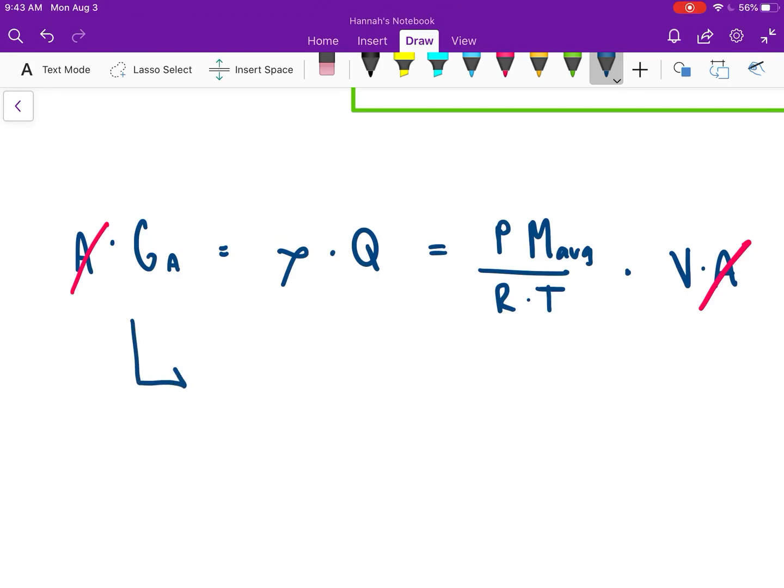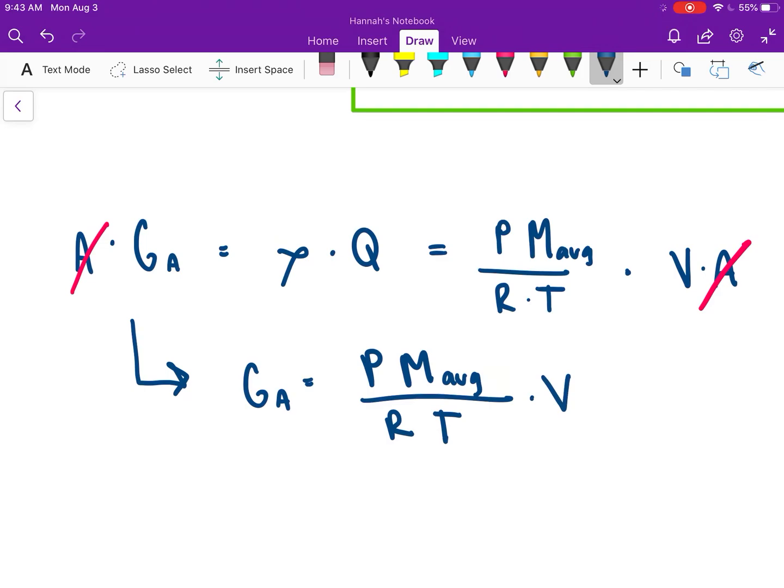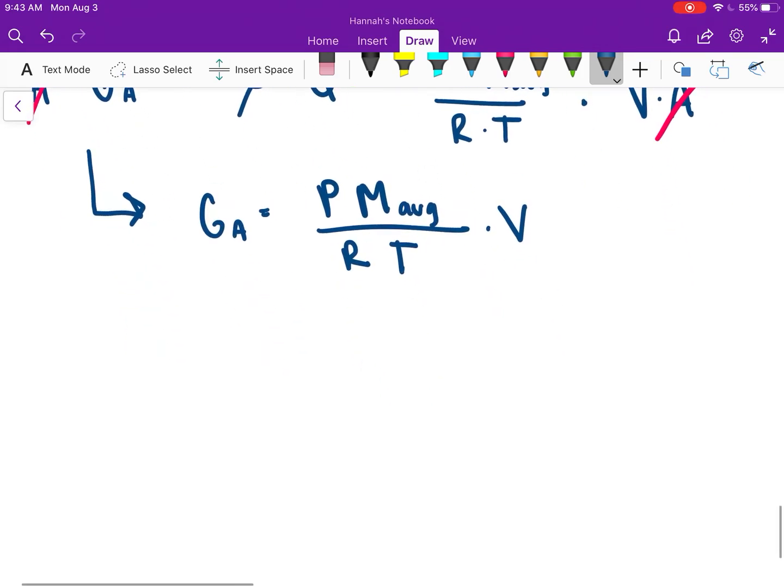So you're left with GA, which is that total mass flow rate of the air going in, is equal to the pressure times the average molecular weight over the gas constant times temperature of the feed times the velocity, which is that 5 meters per second that we know.